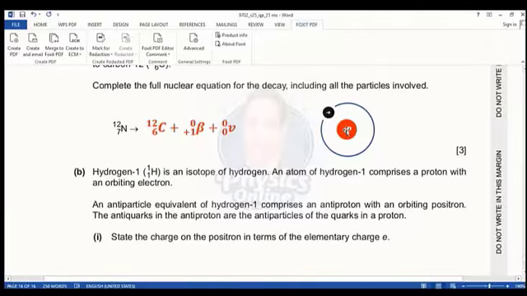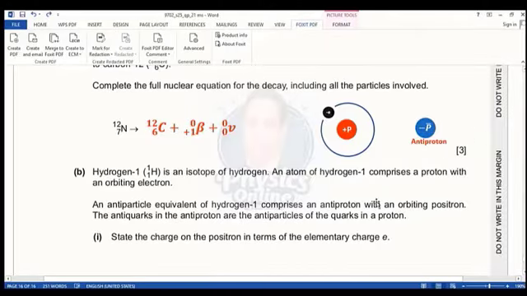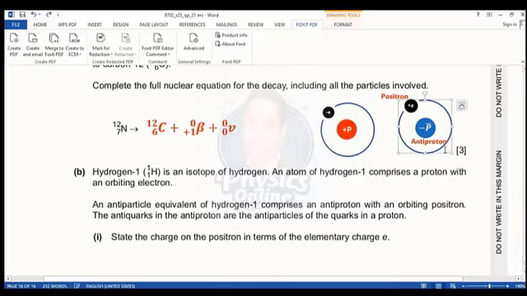So here is the positive proton; we have a negative proton, or antiproton, with an orbiting positron. The positron orbits the antiproton. So this is the antiparticle of hydrogen-1. The antiquarks in the antiproton are antiparticles of the quarks in a proton.